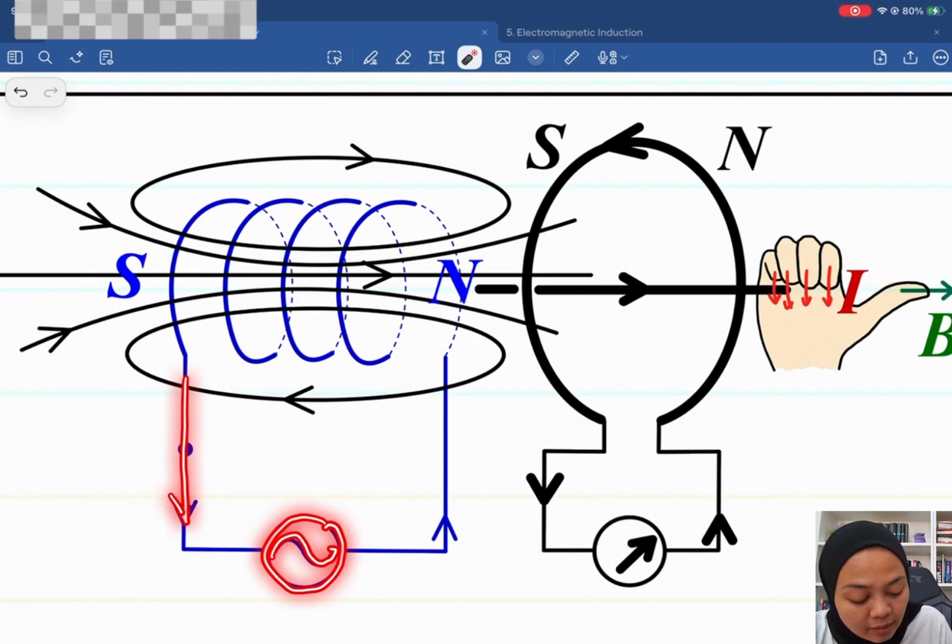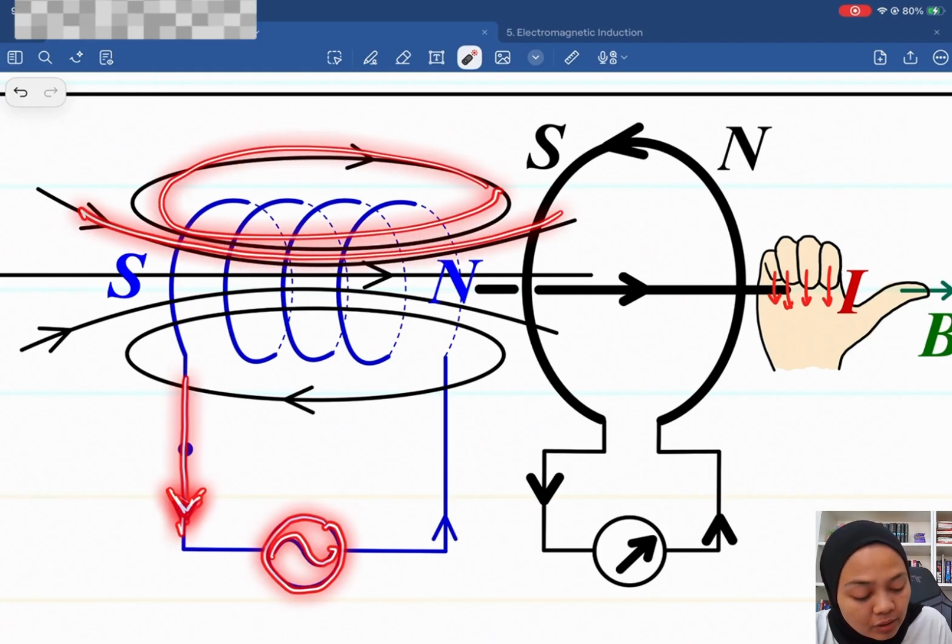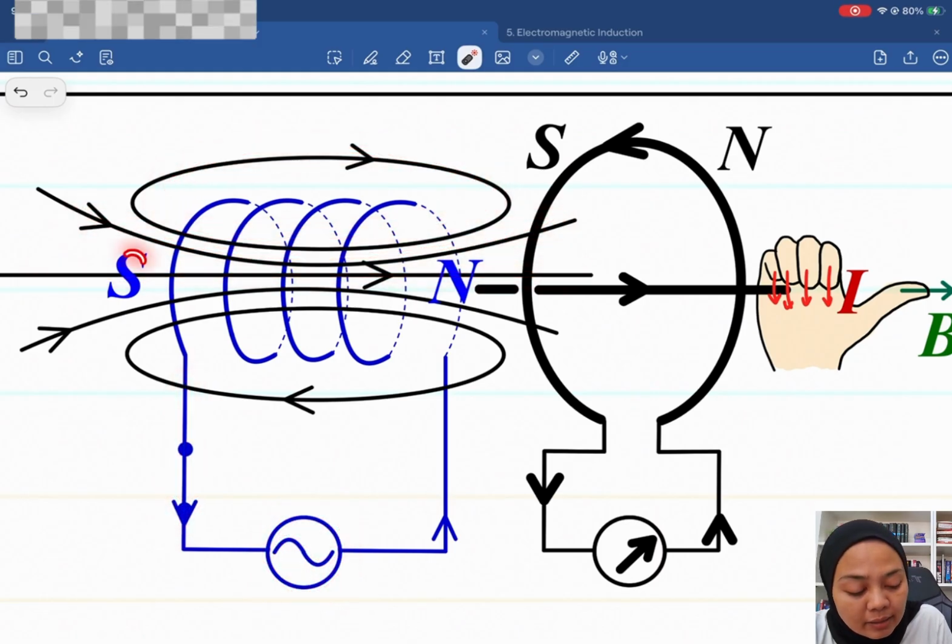Just like any other alternating current, it will start to reduce before it changes its direction. As the current starts to reduce, so does the magnetic flux.